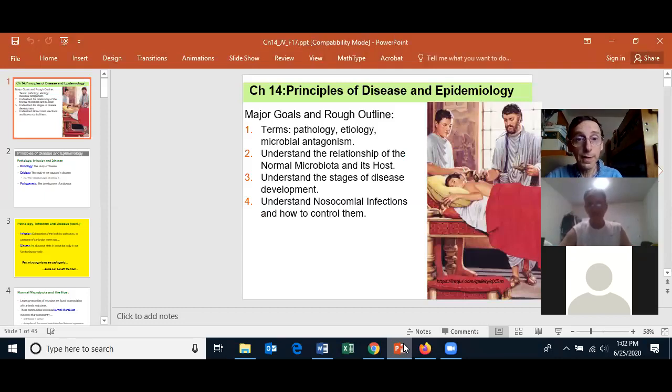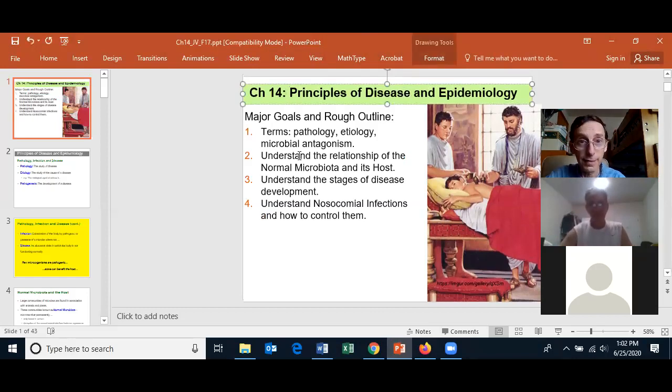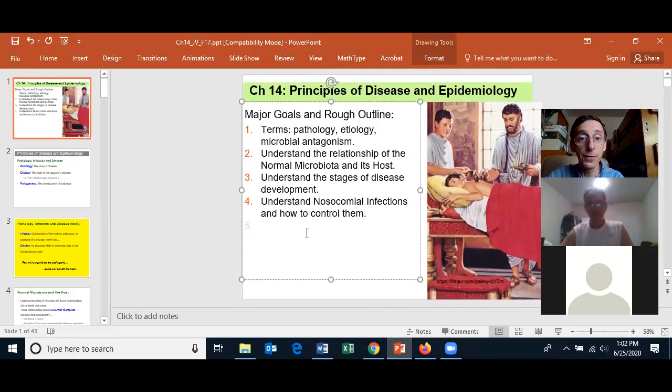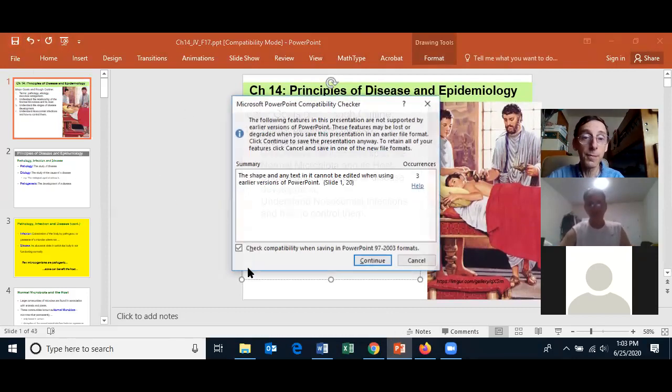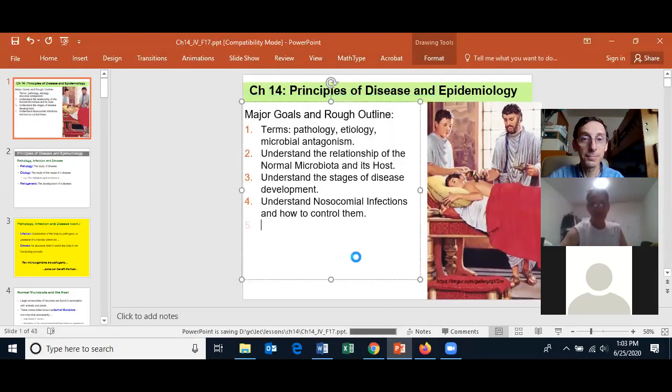So chapter 14, Principles of Disease and Epidemiology. Looks like there's a mistake there. There should be a space in there. The major goals and rough outline is given here. Know the terms pathology, etiology, microbial antagonism. Understand the relationship of the normal microbiota and its host.